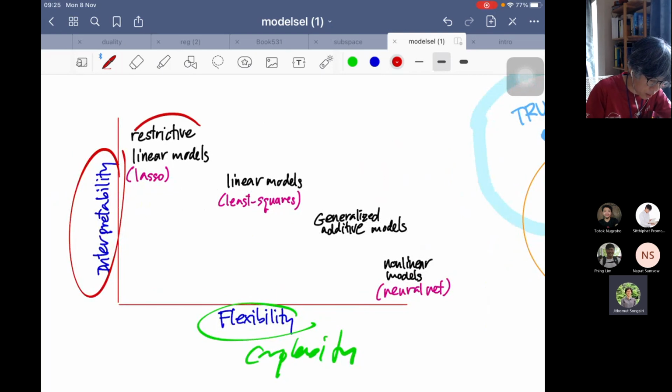Now let's talk about a restrictive linear model. Think about the lasso solution. What is the important characteristic of the lasso solution? Napat? Sparse. Beta is sparse, right?